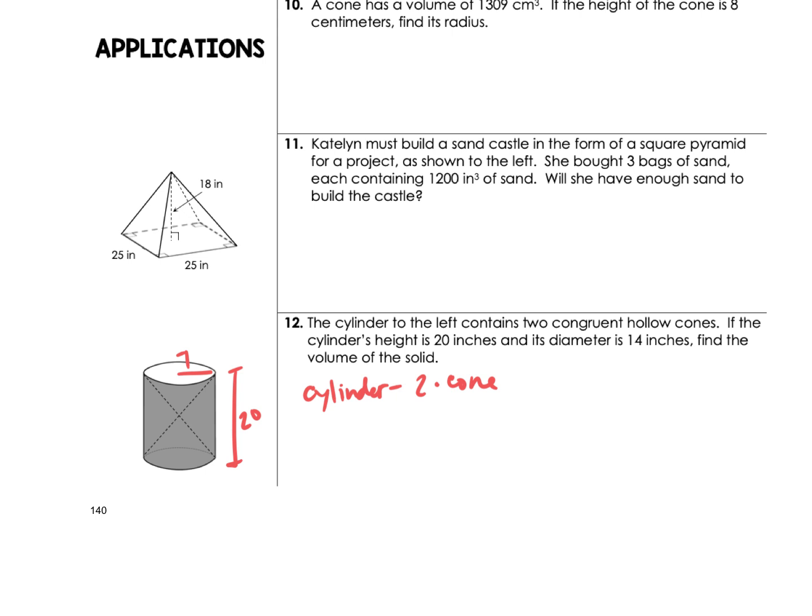So my cylinder is pi times r squared times height, minus 2 times the cone, which is 1/3 pi, oops, I forgot the pi, pi r squared times height.